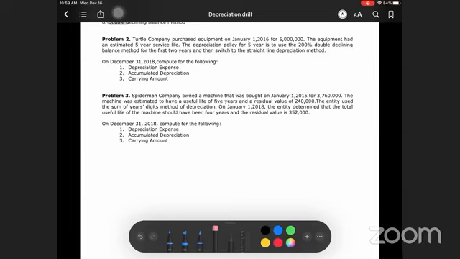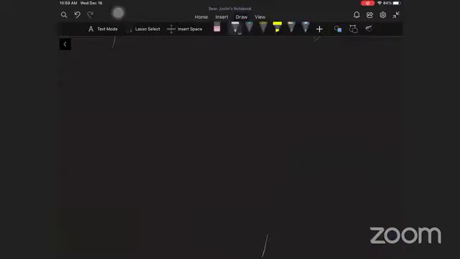Okay, let's solve. Problem 2. On January 1, 2016, an equipment was purchased at a cost of 5 million.